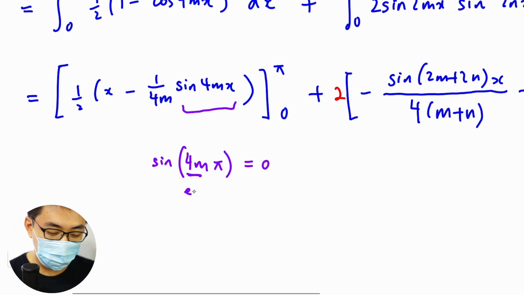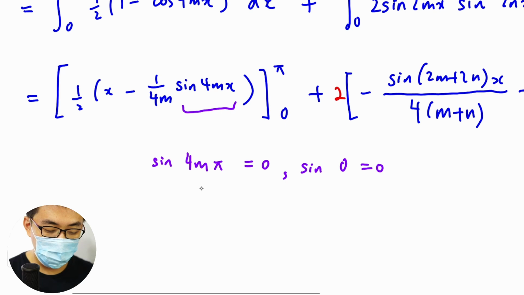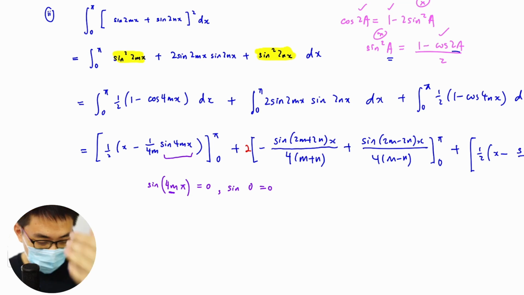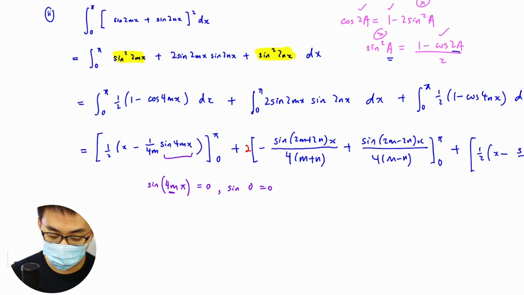This is an even number, you know this is an even number, right? An even number of pi will be 0. So of course sine 0 will be 0 as well. So just take note of that. Sine 0 is also 0. Sine of an even number of pi is also 0, because it's a multiple of pi, so it's always on the x-axis.